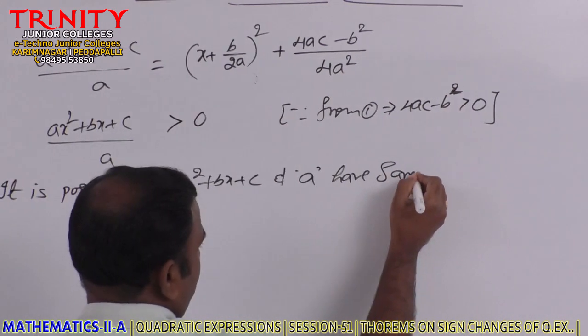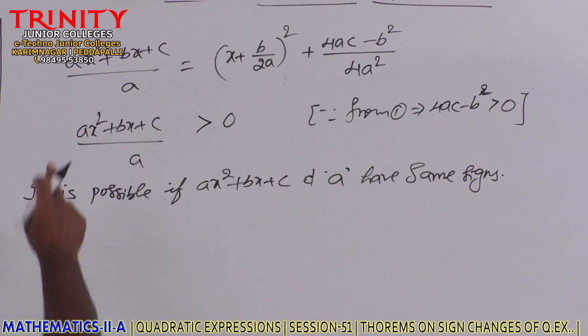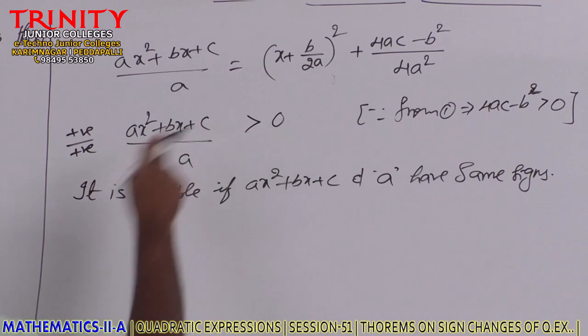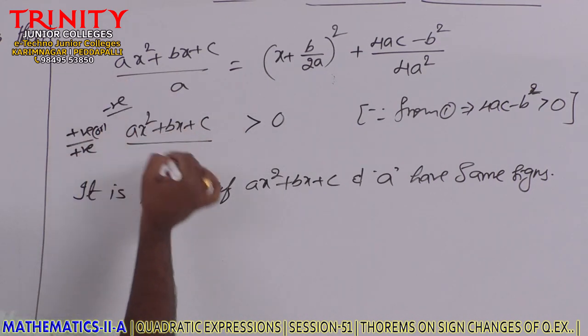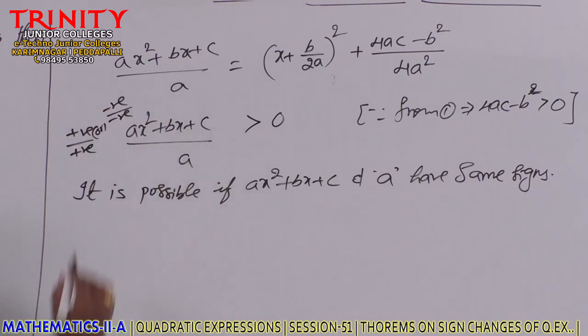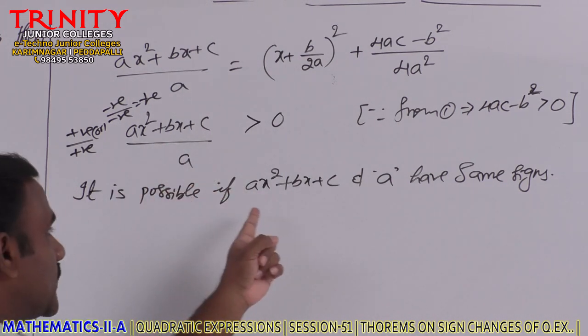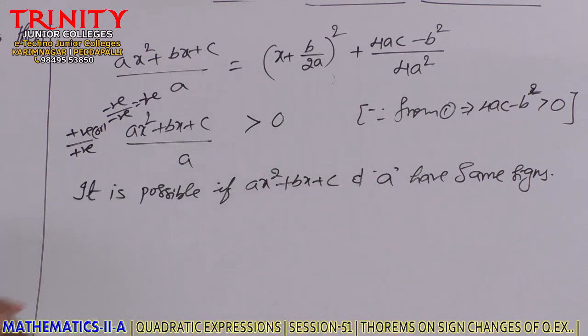The numerator is positive and the denominator is also positive, positive by positive is positive. Or the expression is negative and the coefficient of x square, a, is also negative, then also it is positive. Therefore, it is greater than 0 when the expression and the coefficient of x square, a, both have the same sign, positive positive or negative negative.